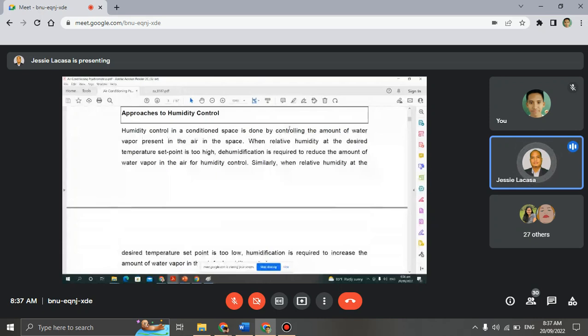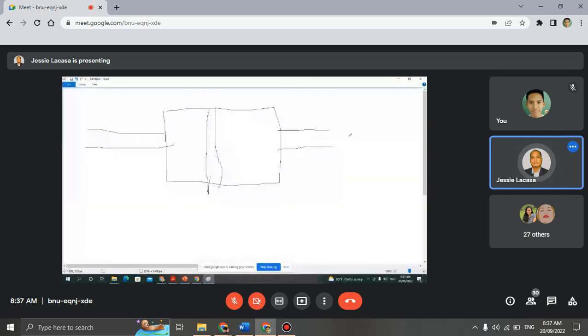Then this is the discharge air going to the supplied room, no? So if this is the air, the mixed air, return and outside, and it comes in contact with the cooling coil, and the temperature of the cooling coil is below the dew point temperature of the air, so what will happen to the air? The moisture from the air will condense.